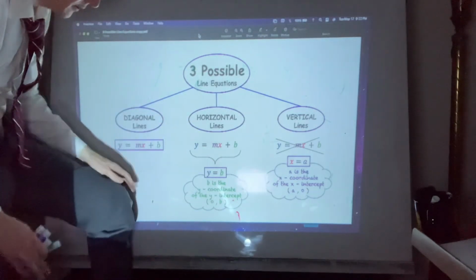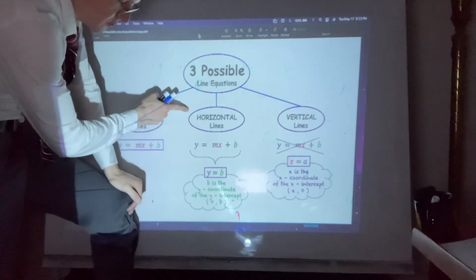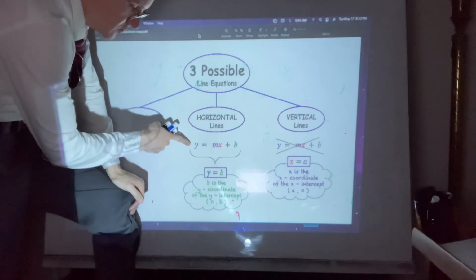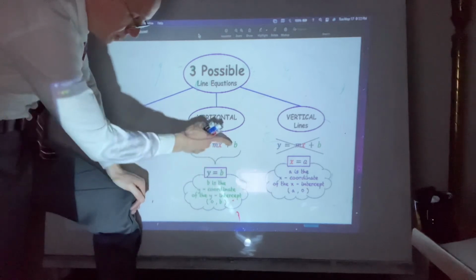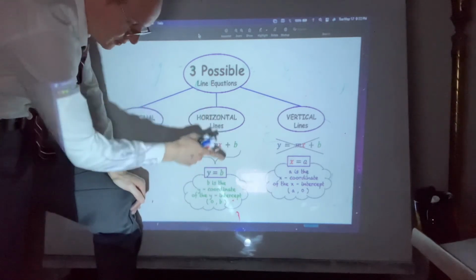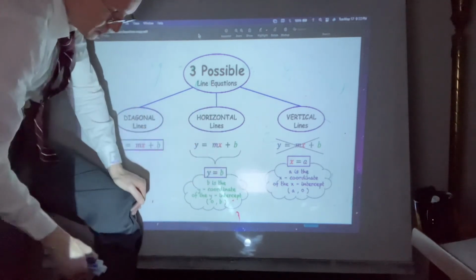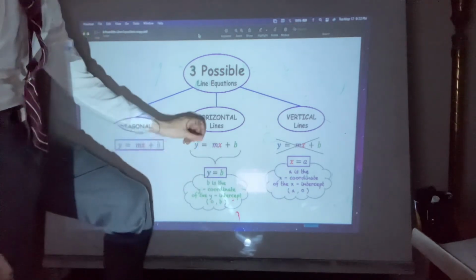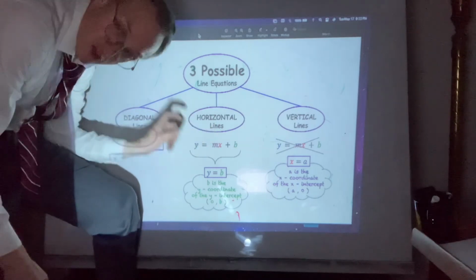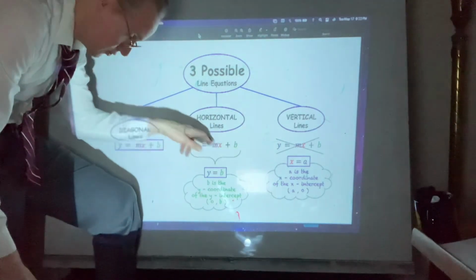It's more simplified. In the case of a horizontal line, the equation would simplify to just simply y equals a number. Whatever the y-intercept is, that's what the equation would be. y equals whatever b is. Remember why? Because the slope would be 0 for a horizontal line, so we'd cancel this term anyway.